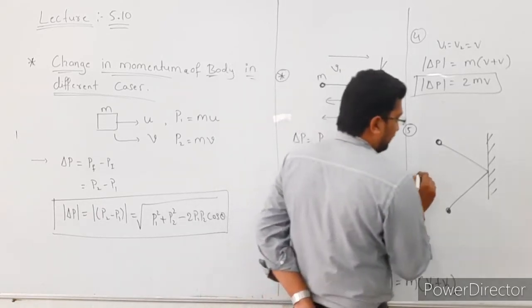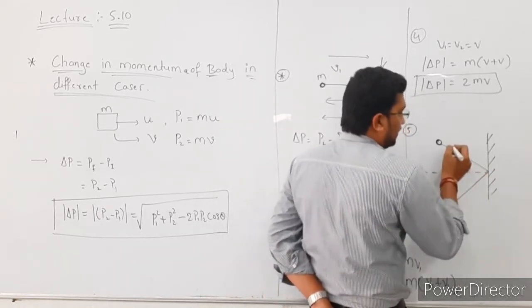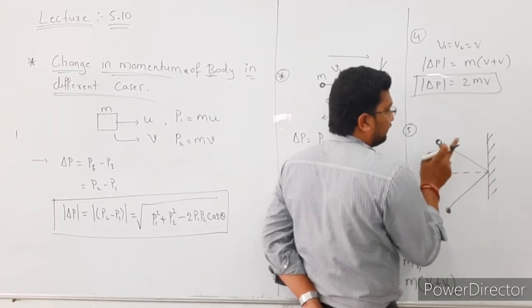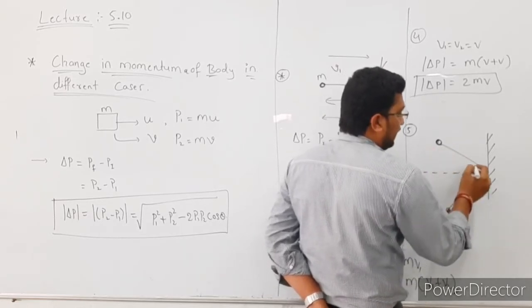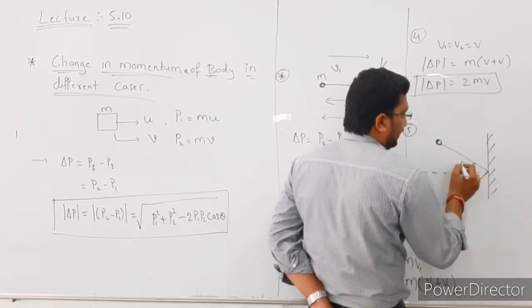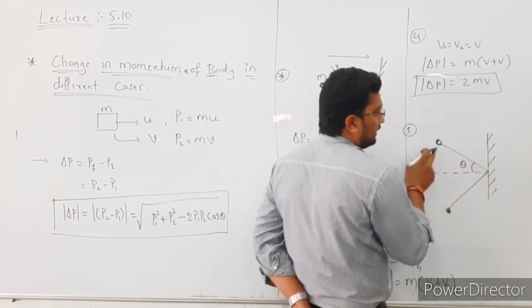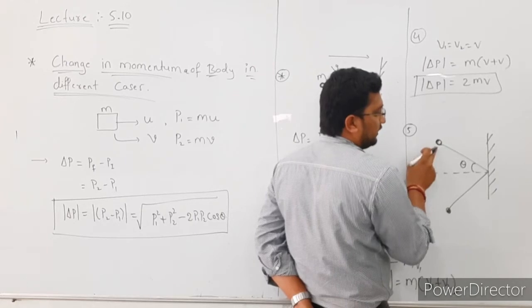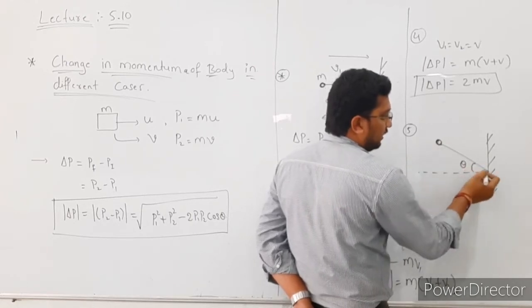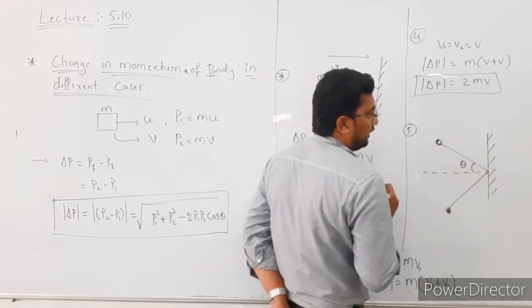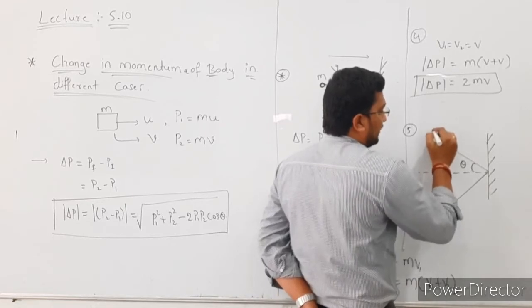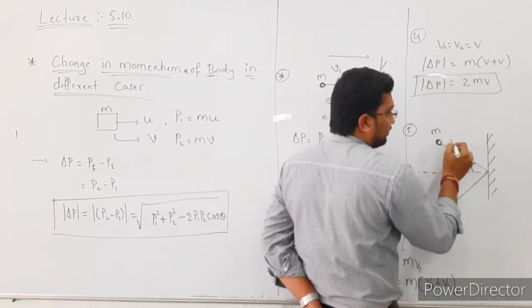In this case, the velocity of this body makes an angle theta with respect to the normal. This is the normal here. The mass of this body is m and the velocity of this body is v.